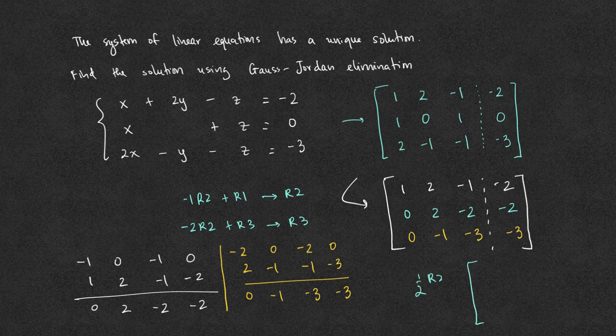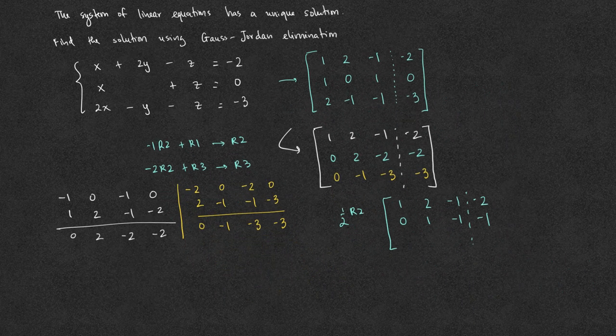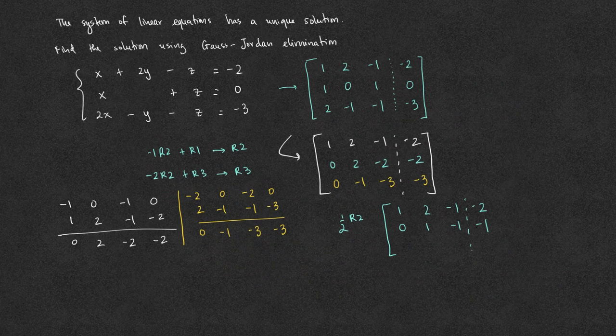We keep the first row 1, 2, negative 1, negative 2. But the second row is now 0, 1, negative 1, negative 1, where we took row 2 and divided by 2. We keep the third row, which is 0, negative 1, negative 3, negative 3.